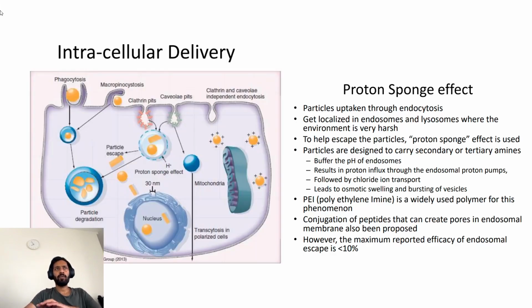So we've looked at what proton sponge effect is. Essentially, when you're trying to do intracellular delivery, especially to phagocytic or endocytic cells, whatever particle you're trying to deliver gets phagocytosed or endocytosed by the cell, and it ends up in the endosome.